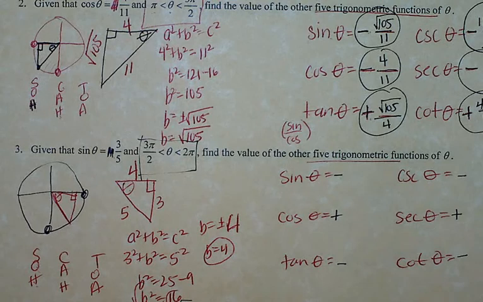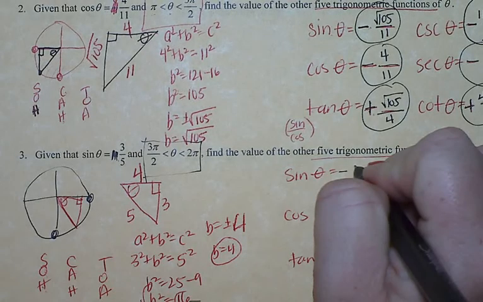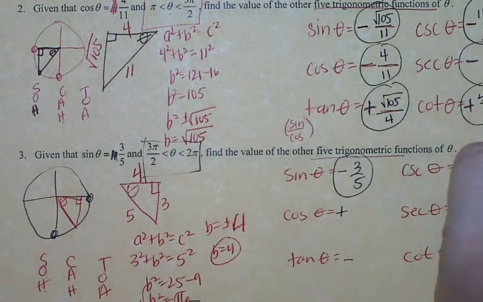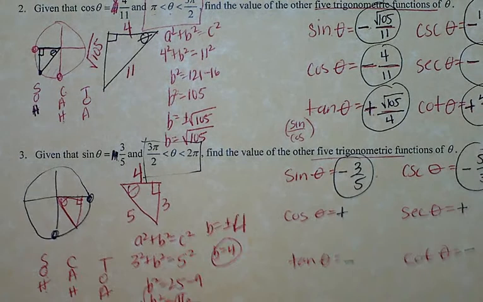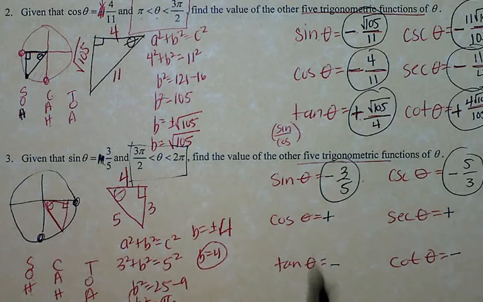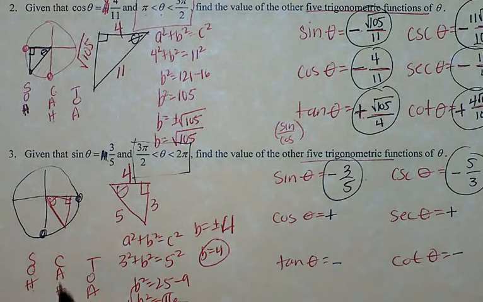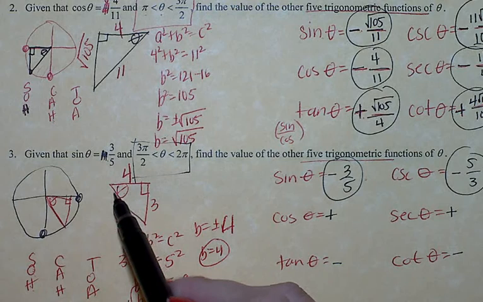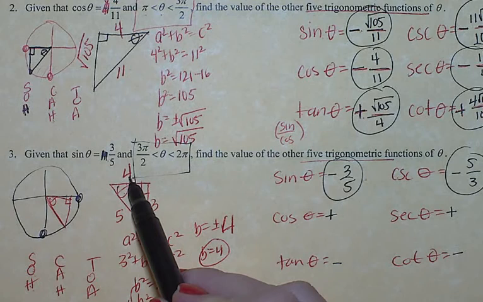Okay, let's fill in the remainder. What do we know? Okay, we know the sine is -3/5. So -3/5. Reciprocal, flip it around, is 5/3. It's nice when you don't have any radicals. The cosine. Cosine means adjacent over hypotenuse. Adjacent, that means it helps create this angle, the central angle, but it can't be the hypotenuse. That would be the number 4.